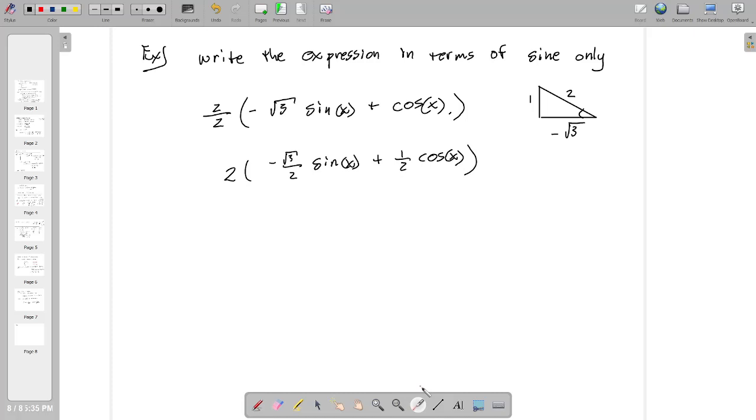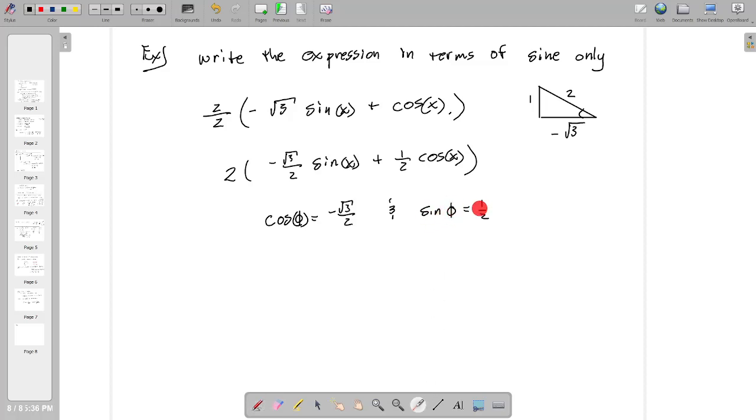Now, what angle gives us cosine equal to negative root 3 over 2 and sine equal to positive 1/2? That obviously has to be in the second quadrant because sine is positive and cosine is negative. So we have cosine of phi is equal to negative root 3 over 2, and sine of phi is equal to 1/2.